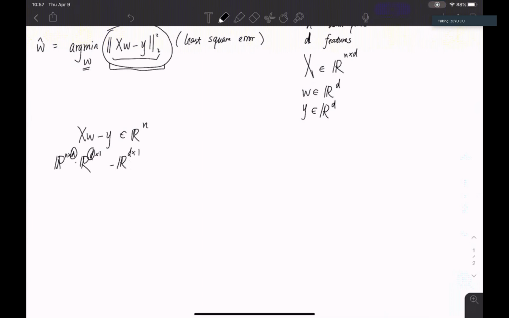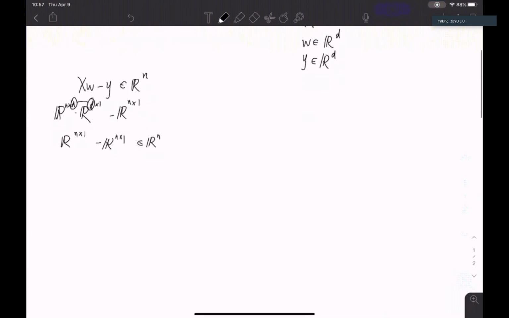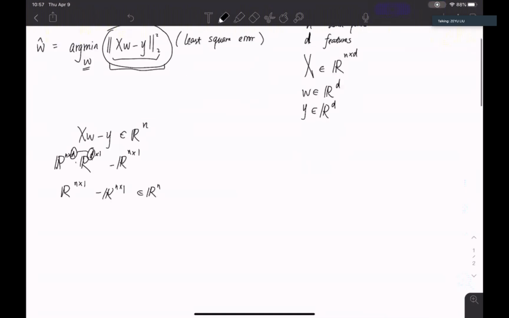So this part and this part collapse into n by 1 minus n by 1, which is n.